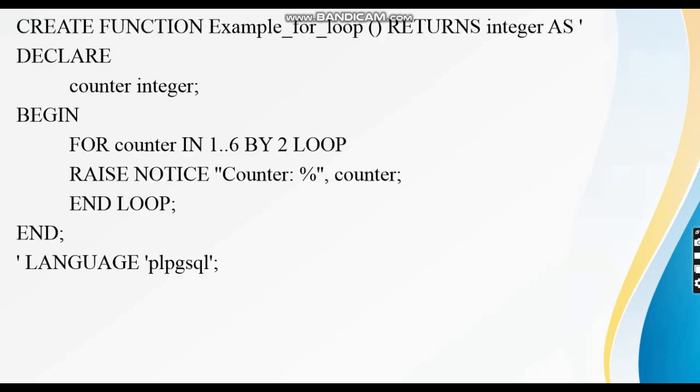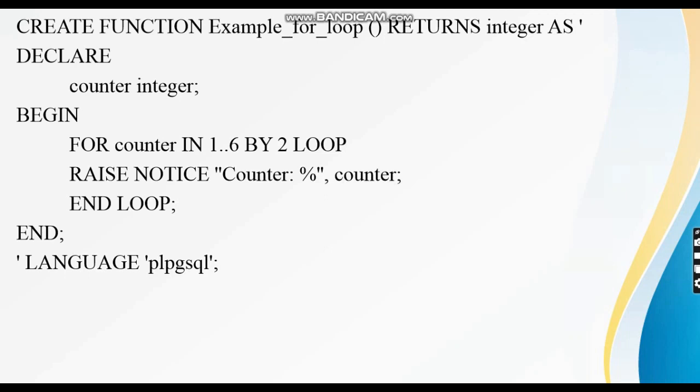This is an example of the for loop, right? So here you can see I have taken an integer variable counter, for counter in 1 to 6 by 2 loop. Here the by clause is specified as 2. What will be the iteration step?